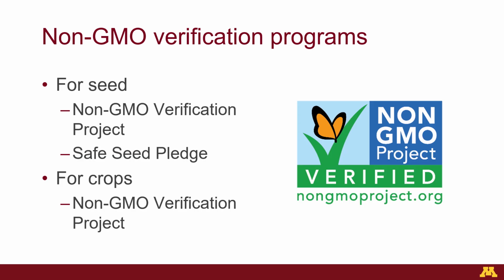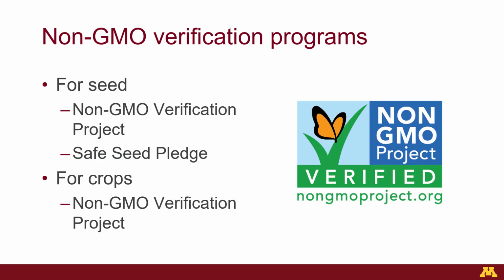You may find it useful to look for third-party verification of non-GMO status. The Non-GMO Verification Project offers a certification for seed. You can also look for seed suppliers who have taken the Safe Seed Pledge, an assurance that they will take a suite of measures to prevent GMO presence in their seed supplies.